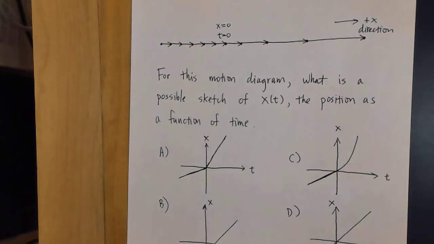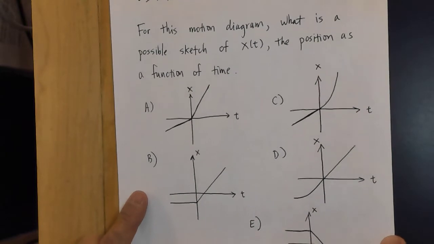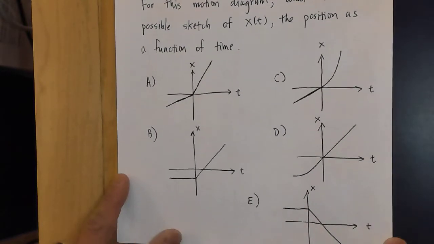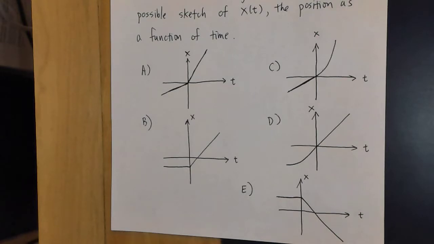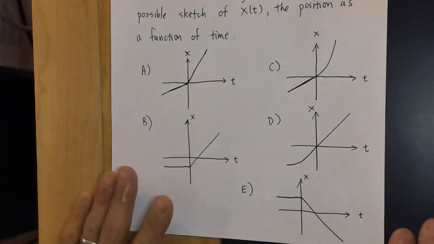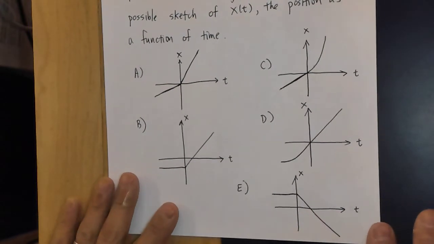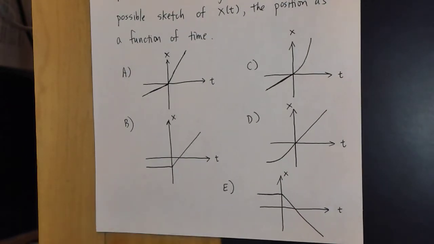The question is, for this motion diagram, what is a possible sketch for x of t? So I want to know x of t versus time. Okay, and I'll open up the poll now.